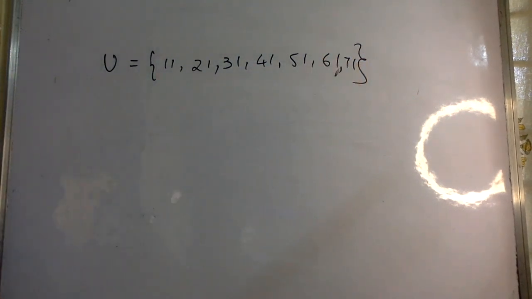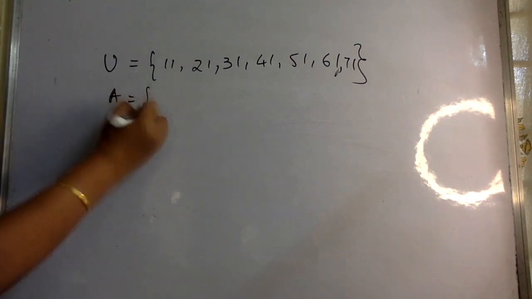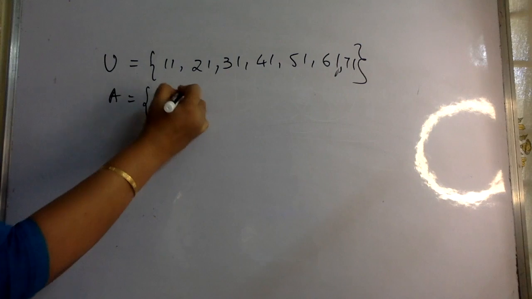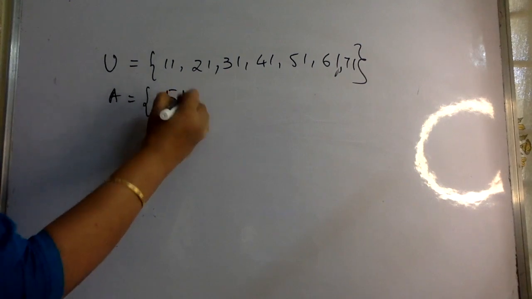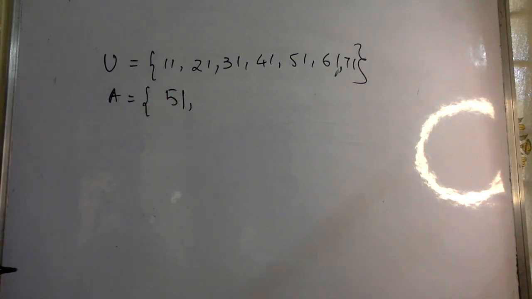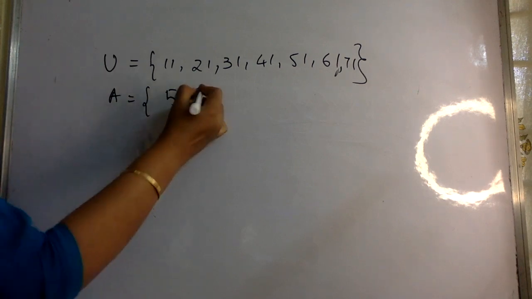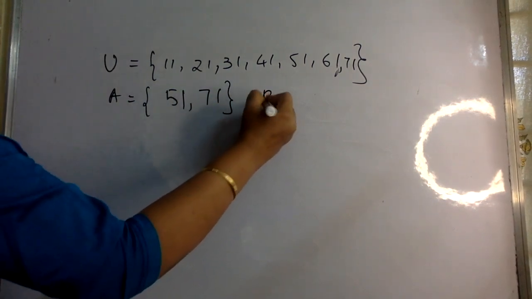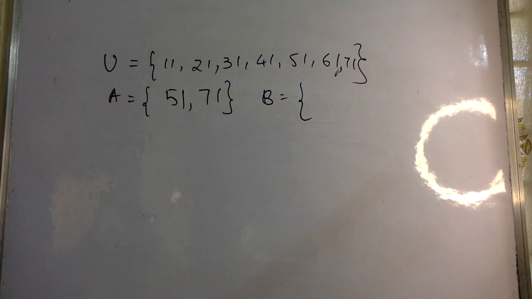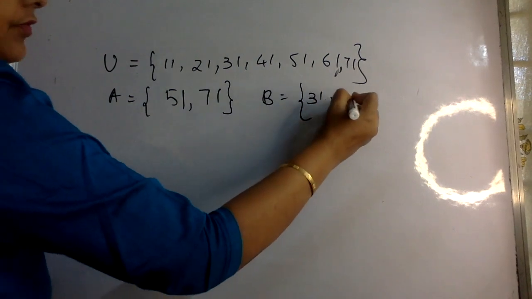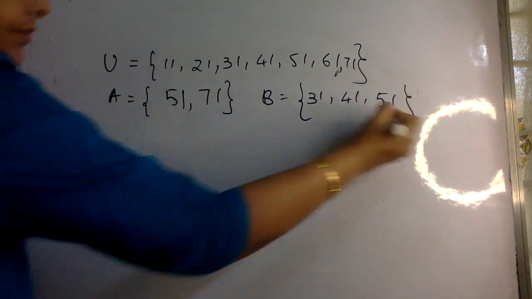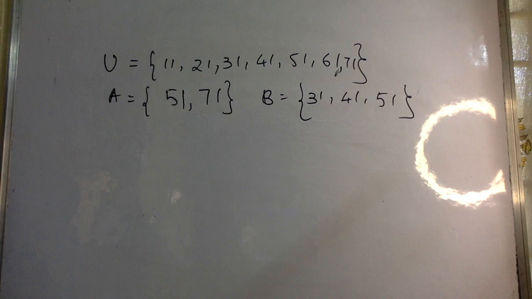The set A is 51 and 71. The set B is 31, 41, 51.